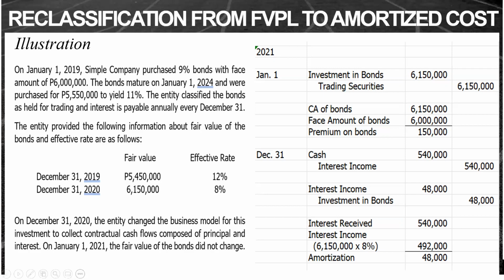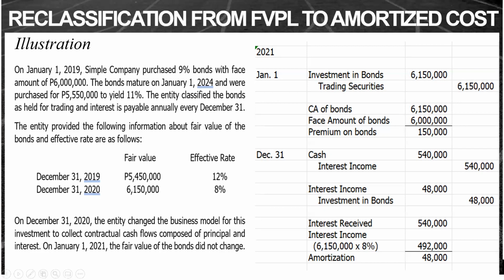Again, the carrying amount of your bonds is equivalent to the fair value of the bonds. Na since sabi doon, wala daw change sa fair value ng bonds as of January 1, 2021, we refer to the fair value on December 31, 2020. So in this case, there's a premium of 150,000 sa bonds mo. Kasi mas malaki yung carrying amount natin compared sa face amount which is 6 million lang.